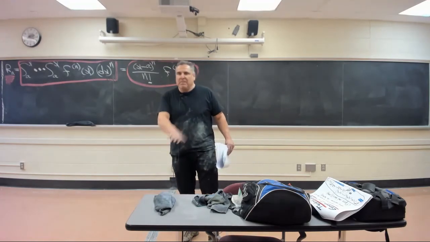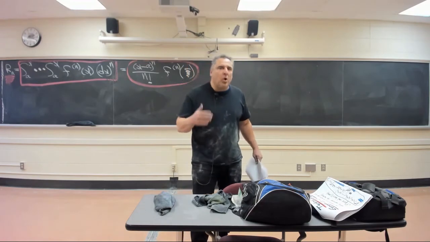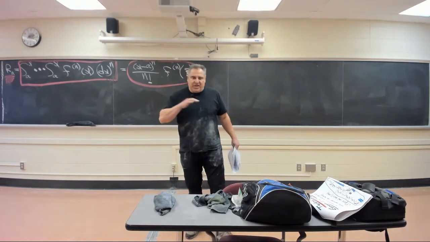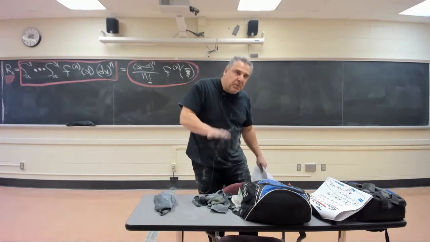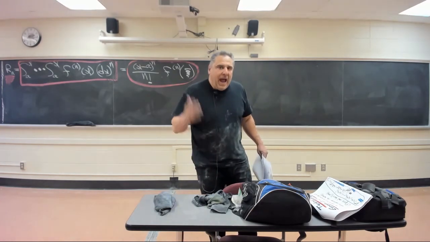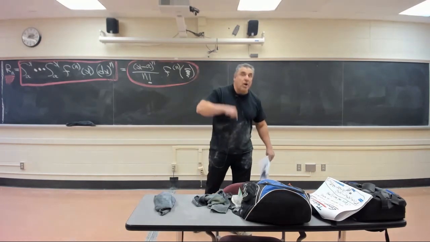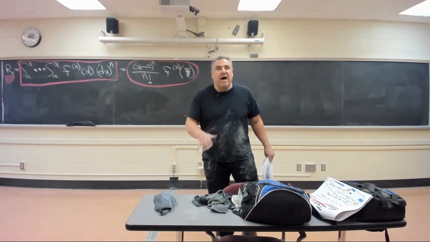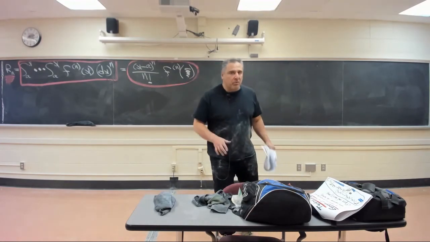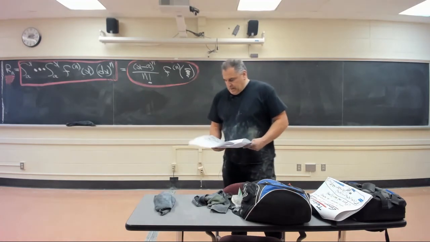No value of the nth derivative of f is smaller in that interval than this particular minimum that I'm claiming. And no value of the nth derivative of f is greater than this maximum value that I'm claiming for that same interval between a and x. So what's going on?